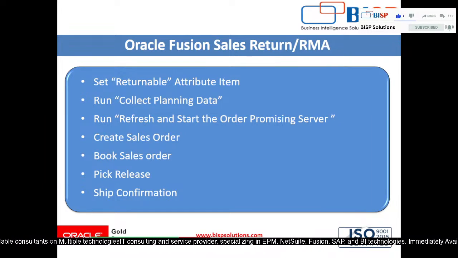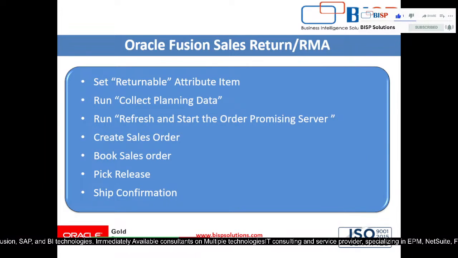With the help of these ESS jobs, all the setups, like creating the inventory organization and creating the item on-hand quantity, all these things synchronize from inventory to our order management application.